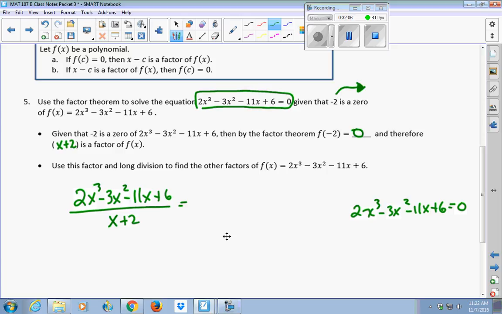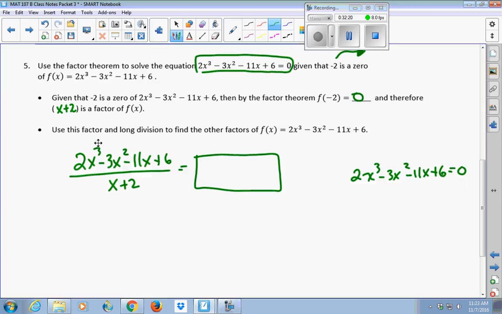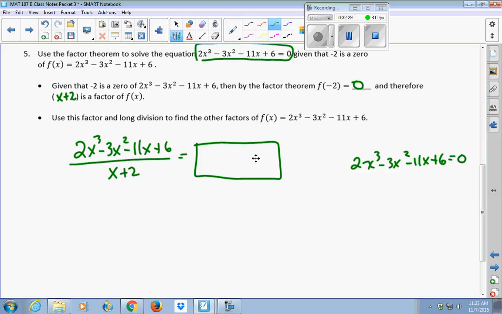That's what we mean when we say it's a factor: it divides evenly. Ira's correct, he knows what to expect on this right side. The answer will be second degree because you've got a third degree polynomial in your numerator and you're dividing it by a first degree, so you end up with an x squared. So let's do it and then we'll be able to finish our process here and solve.